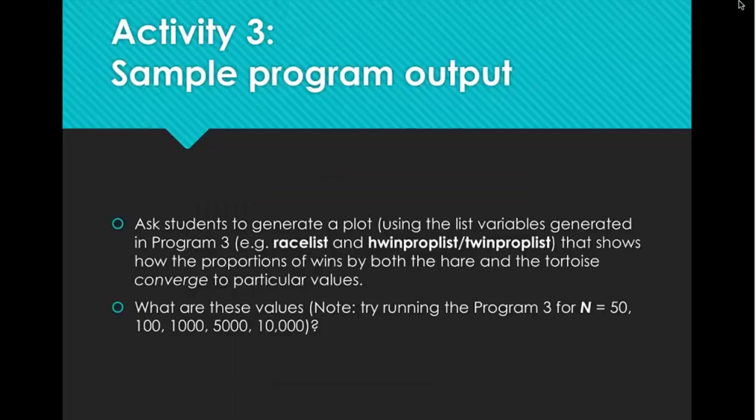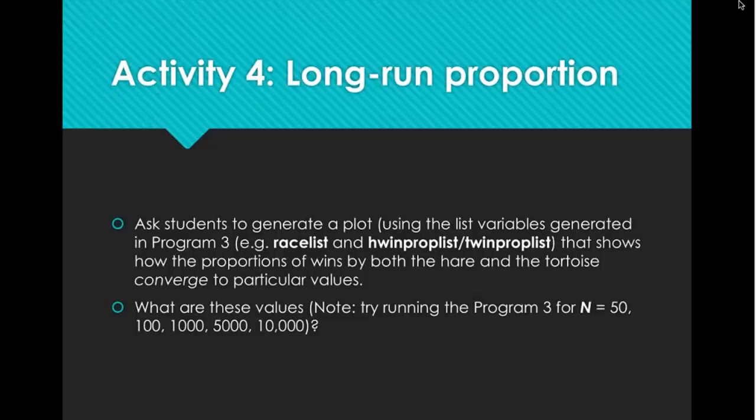So the cool thing is that you can then use that data, and you can ask the students to generate a plot using the output of the programs, and ask them what happens as you change the number of races from 50 to 100 to 1,000 to 5,000 to 10,000.